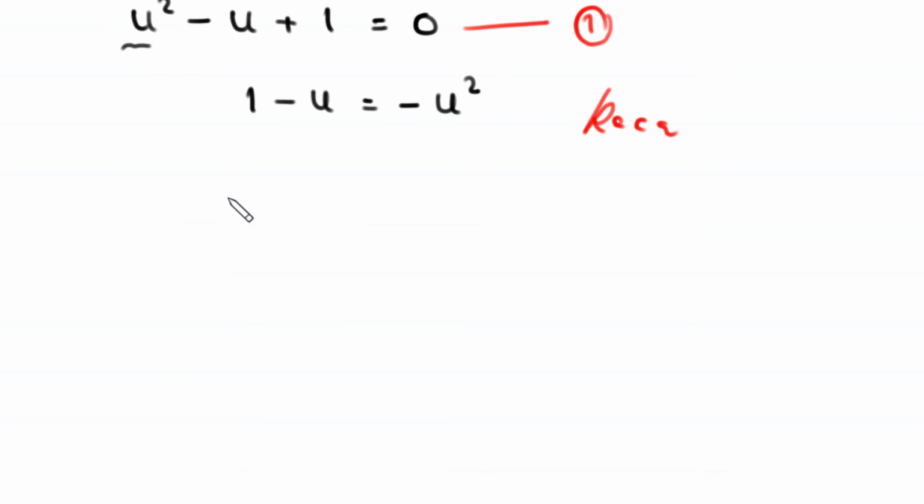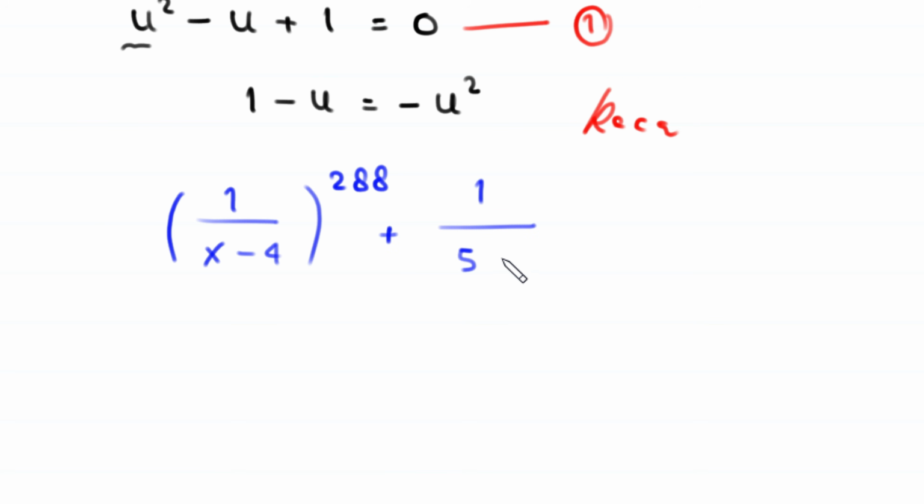We have to find the value of the expression (1 over x minus 4) whole to the power 288 plus (1 over 5 minus x) whole to the power 288.